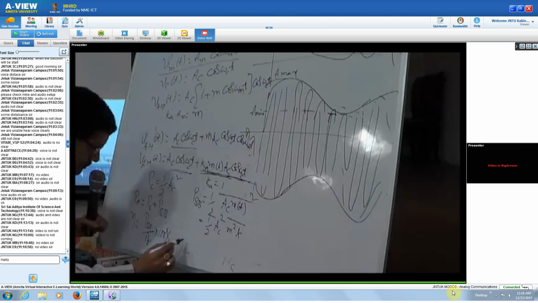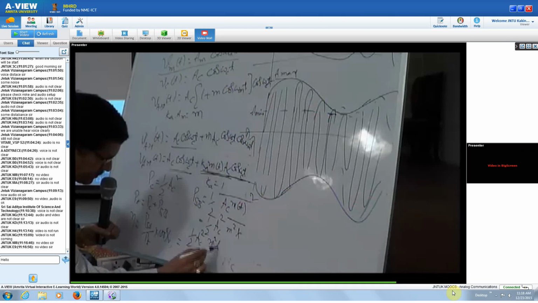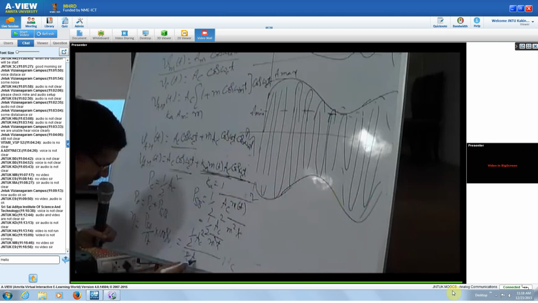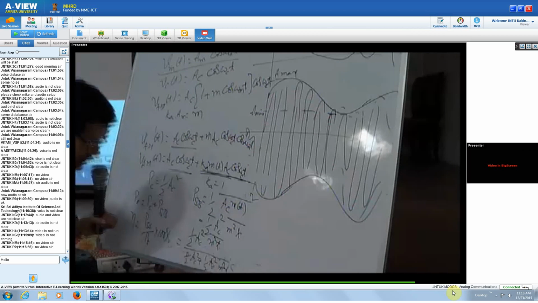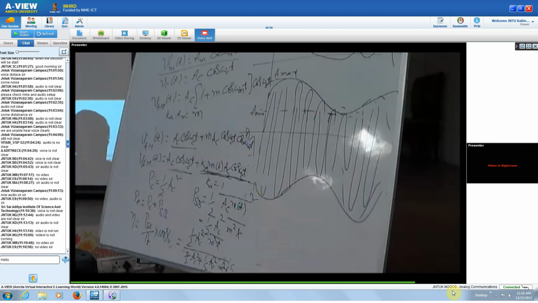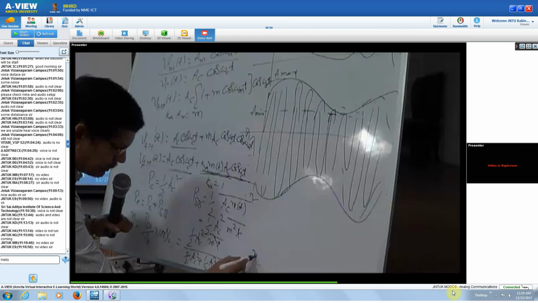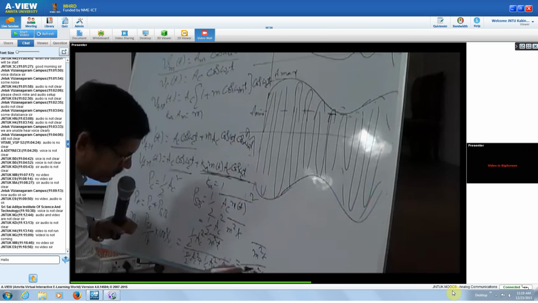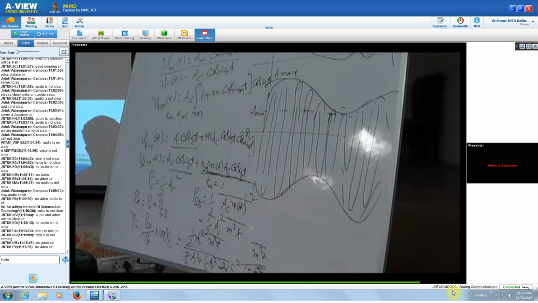Therefore, this will be equal to 1 by 2 A_C square m square of t average, by 1 by 2 A_C square plus 1 by 2 A_C square m square t average. Therefore, this will be equal to m square of t average by 1 plus m square of t average, the mean square value.